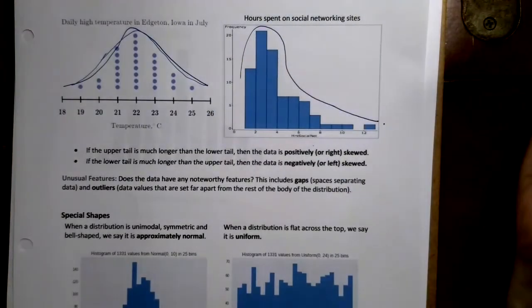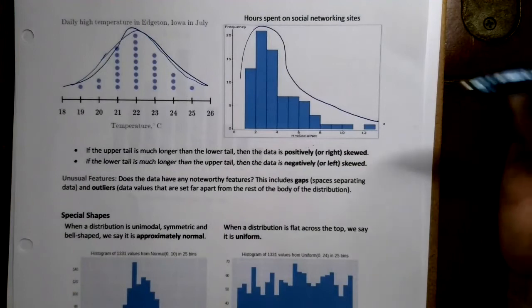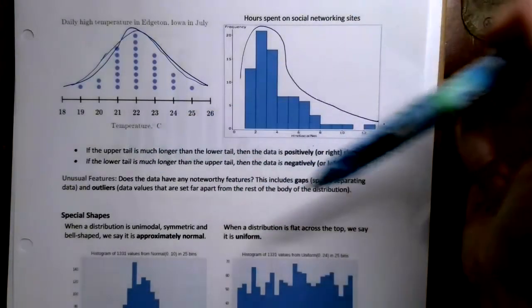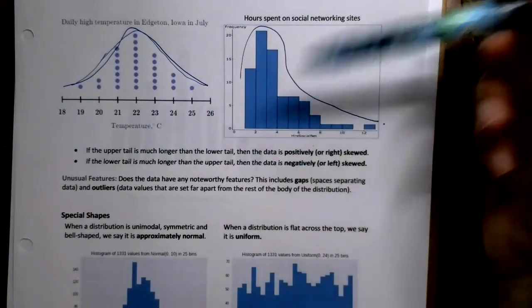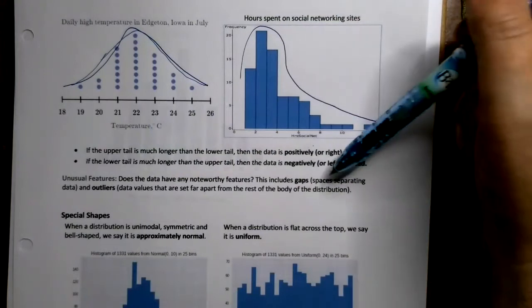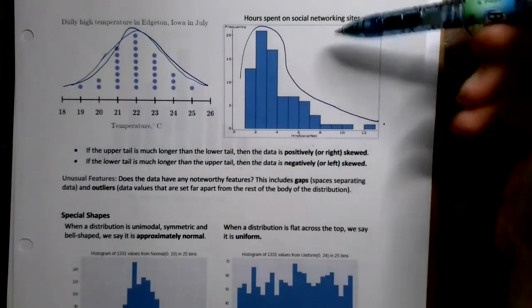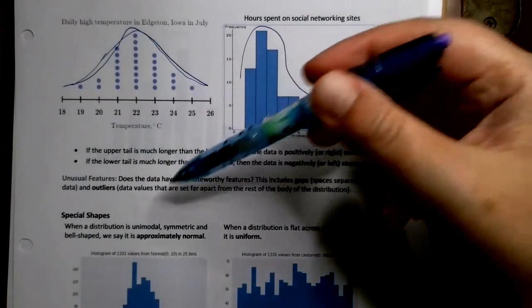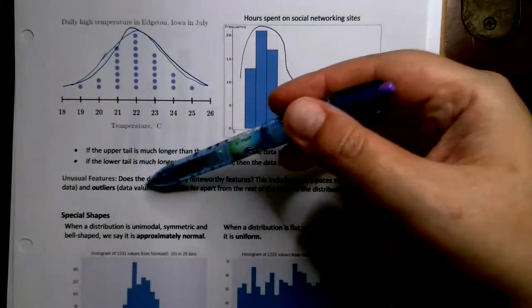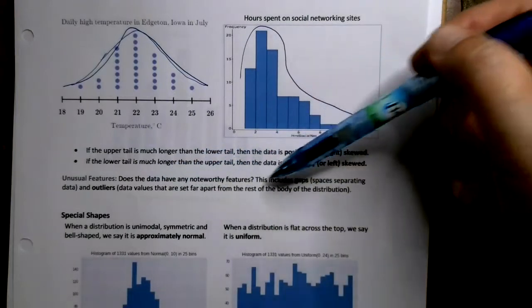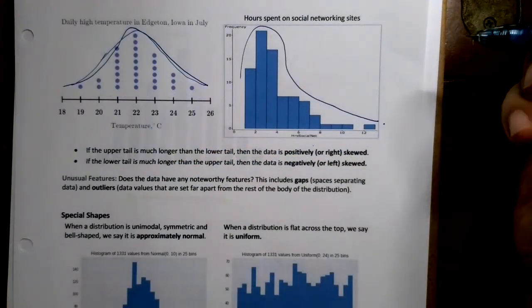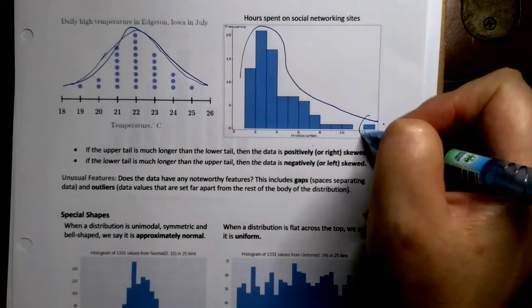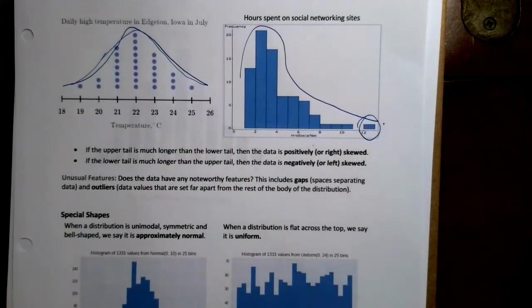Some other features to look for in a distribution are whether it has any gaps, which are spaces separating data. Like here we have a gap. And also outliers. Outliers are the data values that are set far apart from the rest of the body of the distribution. So this value right here would be an outlier.